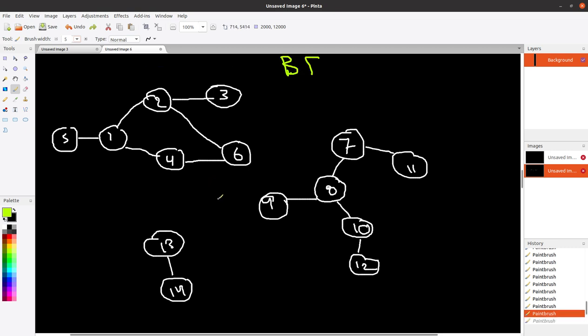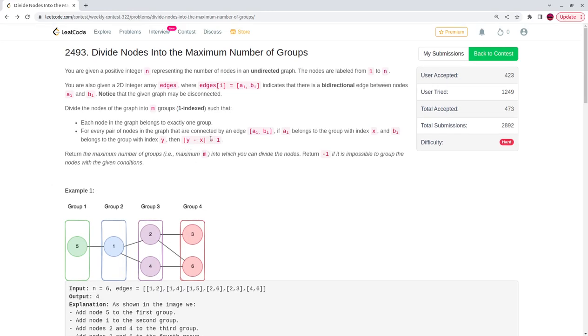The reason we are doing BFS is because here the absolute value of y minus x equals 1.